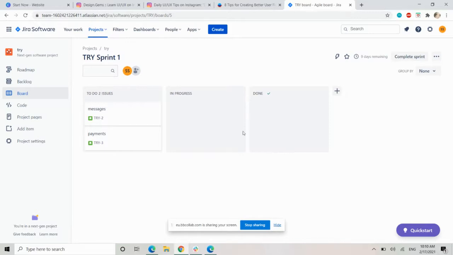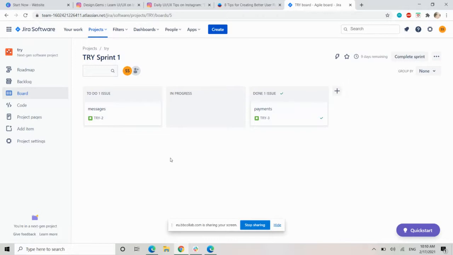What would happen? When you are working on a card, it will be here, and once the payment is done, you move it. Wonderful. With this, the management, or everybody in the team, not just the management, can know what's going on and who's working on it.